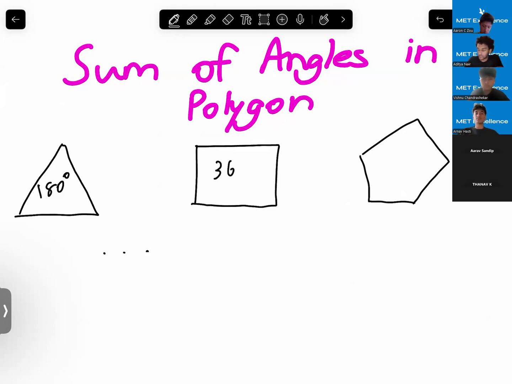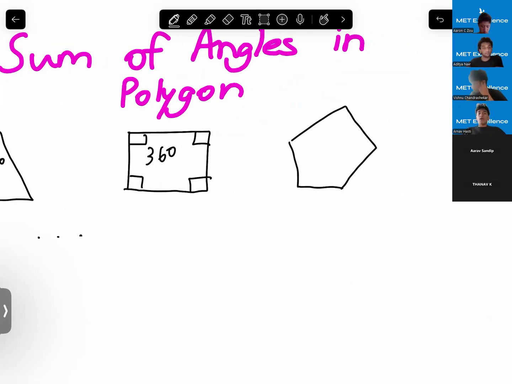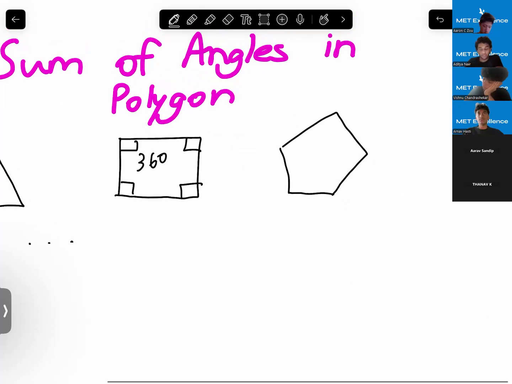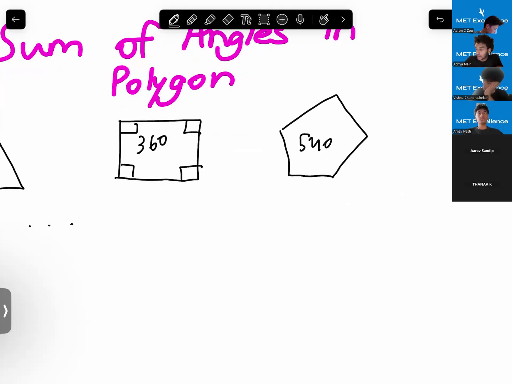Okay, I see 360 because of the four right angles. And what about a pentagon? I see 520. It's actually, oh, I saw a 540 in there. It's actually going to be 540.